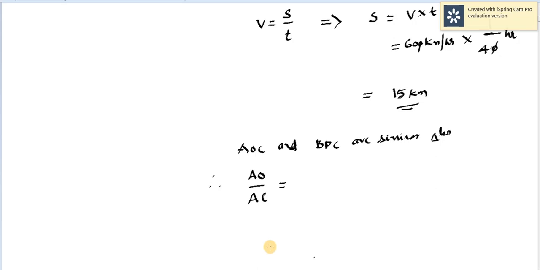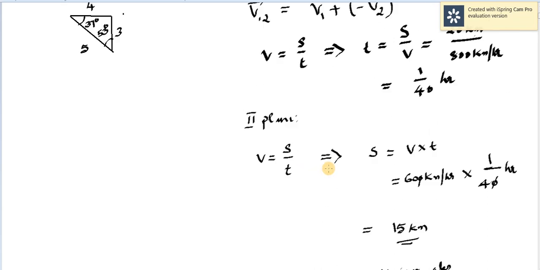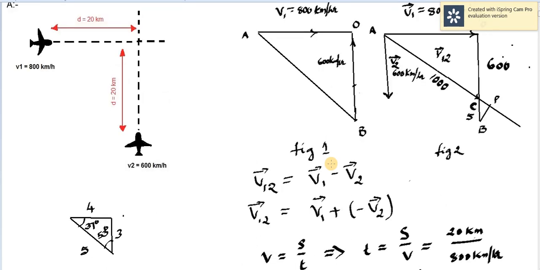Therefore, AO by AC is equal to BP by BC.